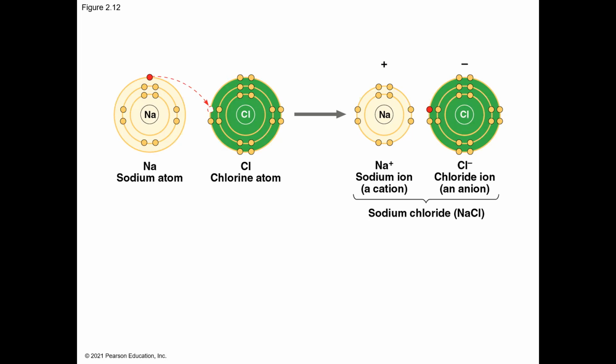And you can remember that because chlorine took that electron, so it's the robber, so it's going to be negative. And sodium lost its electron, so it was the good person in this example. So sodium chloride is an example of an ionic bond.